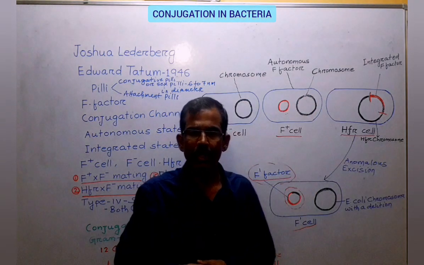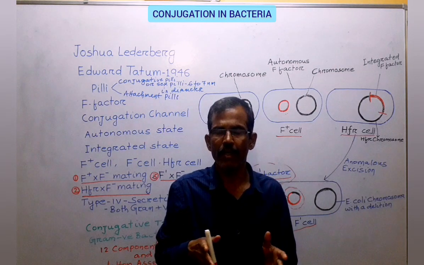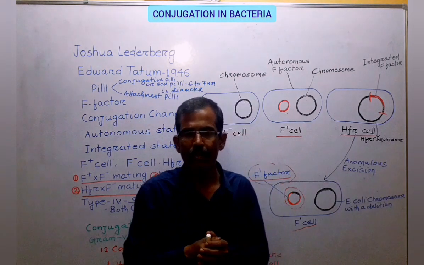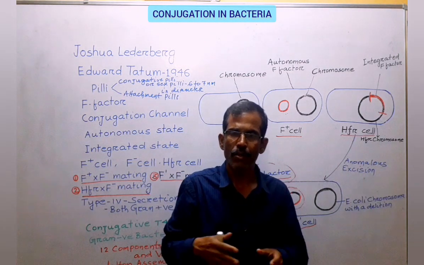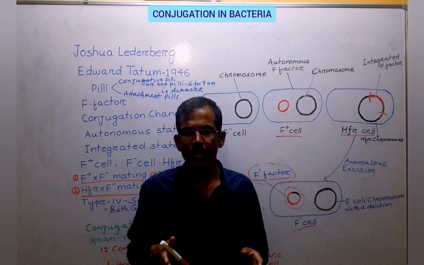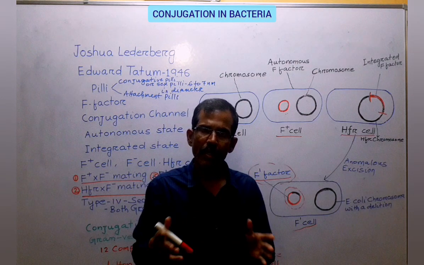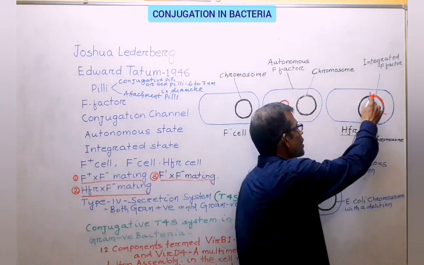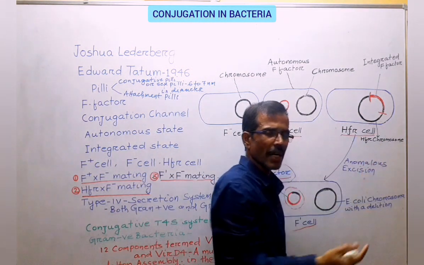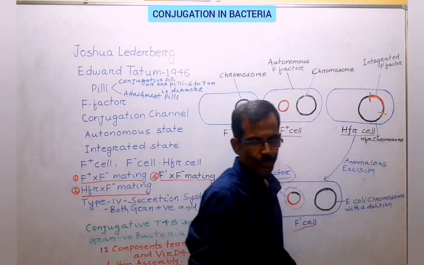But the question is whether the integration of the F factor into the bacterial chromosome is irreversible. The answer is no. Presence of rare F plus cells in the HFR culture proves this. Sometimes the integrated F factor is excised from the HFR chromosome.